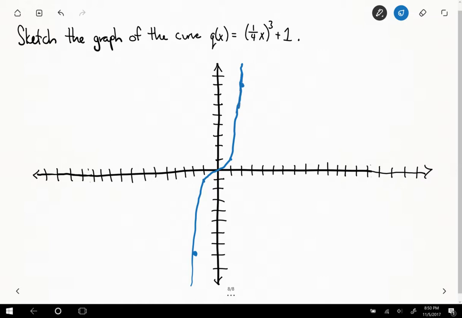Lost my line there on the way up. Alright. So this is our graph of, we'll call this function f of x, equals x cubed.